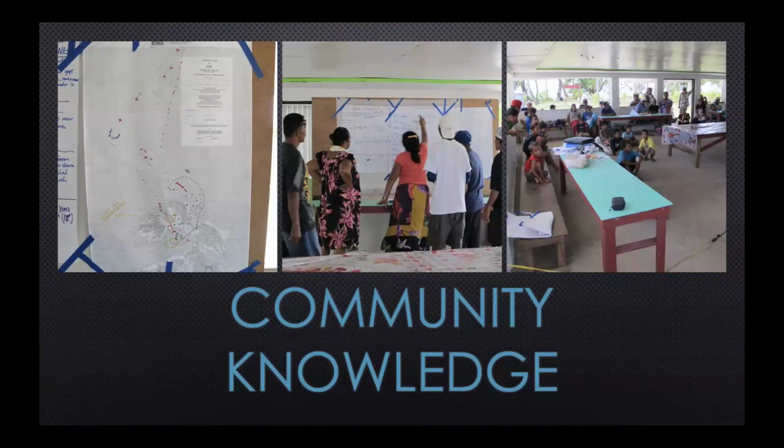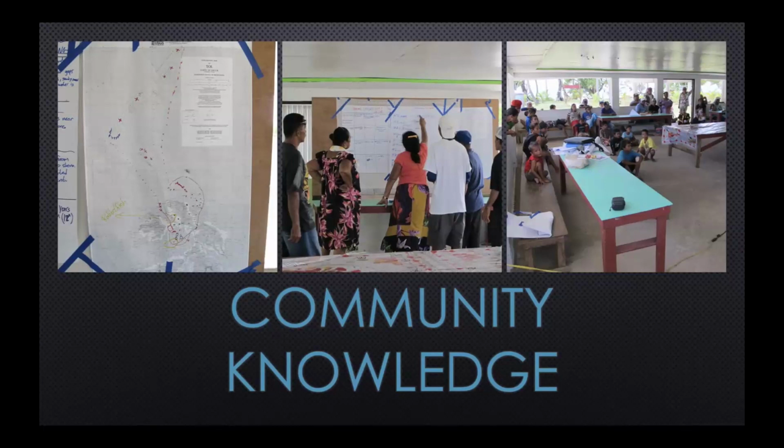Also, as Megan talked about, we really wanted to make sure that we were including the whole community in a lot of the different decisions we were making. As you can see in that picture in the middle, everybody in the community got a chance to vote for the fish species that they were interested in or concerned about or wanted to see better management for or wanted to see more of.